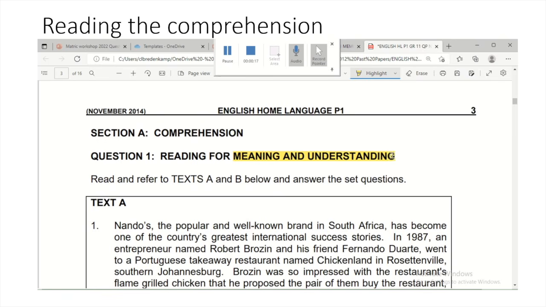It's because we want you to critically engage with the questions. I don't just want a summary. I don't want you to regurgitate what's in this text. I want you to engage. I want you to critically think. Then they ask you to refer to text A and text B and then answer the set questions. Let's have a look at text A.